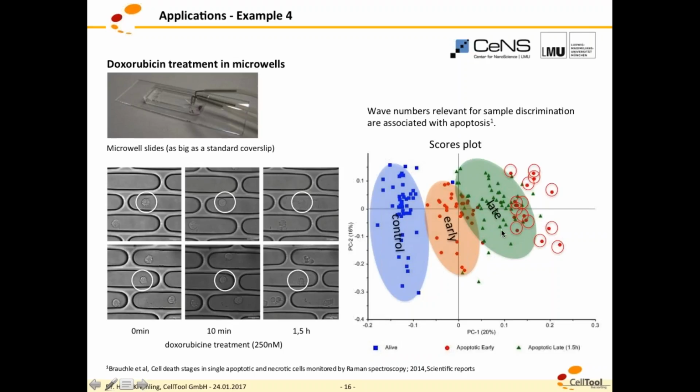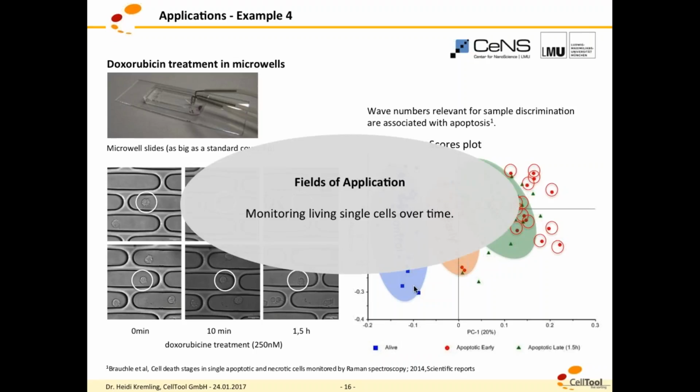So there are some of the cells which already were in a late state of apoptosis after 10 minutes. And using especially these microwells, it is really a good possibility to monitor living cells over time, also cells which are in liquid and not adhesive on a plate.